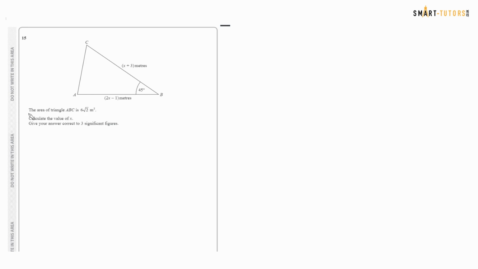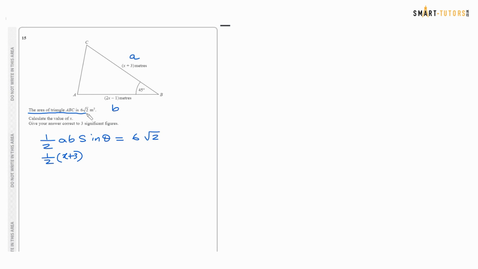So because the area of the triangle is given as 6 root 2, we have an equation for that. So half ab sine C, or sine theta, equals the area, so 6 root 2. So half, a is x plus 3.